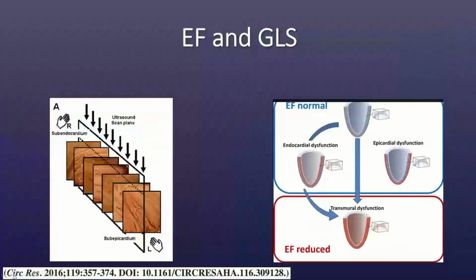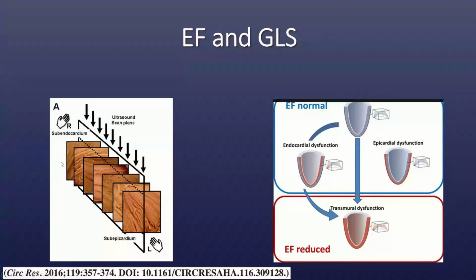With this technique, indeed, we can study function of different myocardial fibers. We know that if we take a piece of myocardium, we have fibers oriented in a different way. In the subendocardium, we have longitudinally oriented fibers. Then in the mid-myocardium, we have circumferentially oriented fibers, and in the subepicardium, we have oblique fibers.